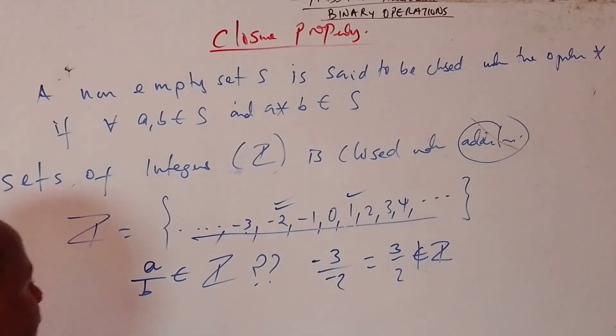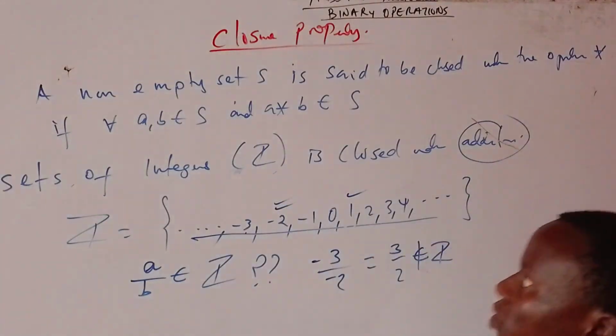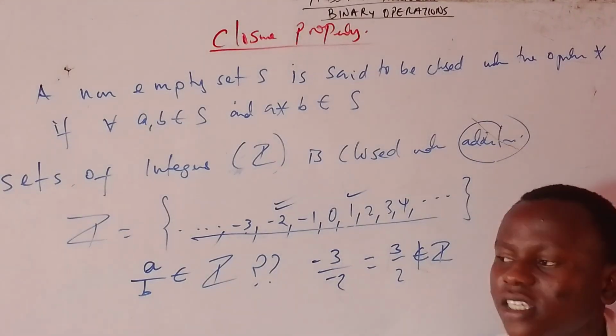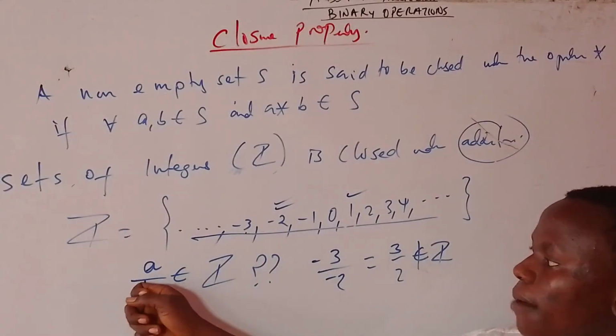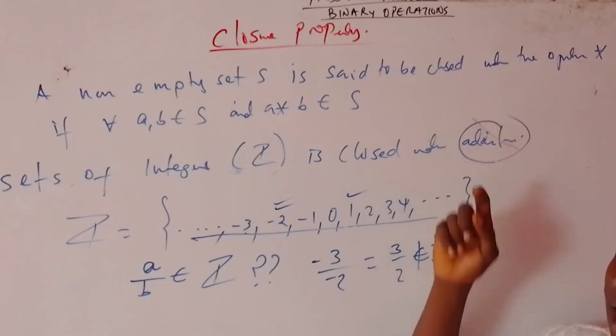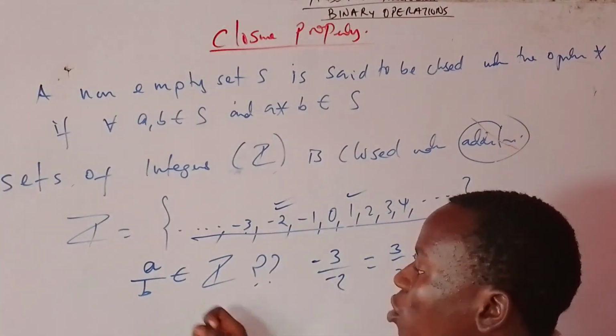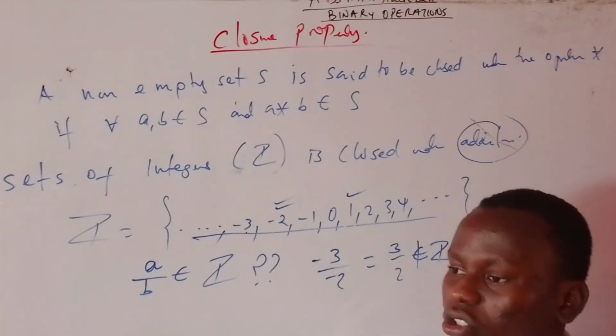The set of integers is closed under the operations addition, subtraction, and multiplication, but not closed under the operation division.